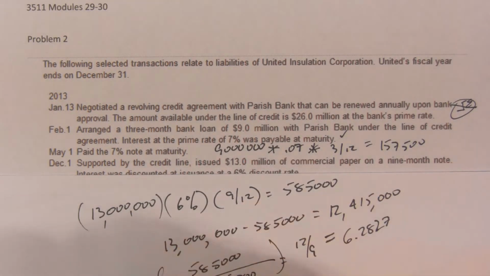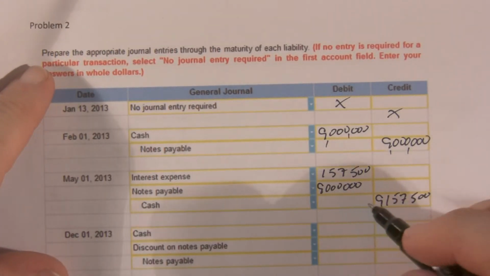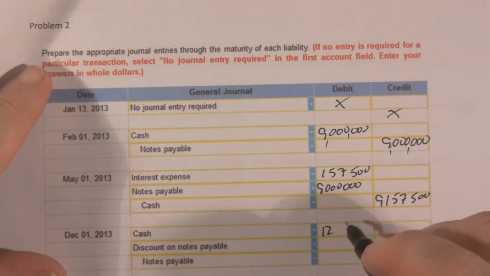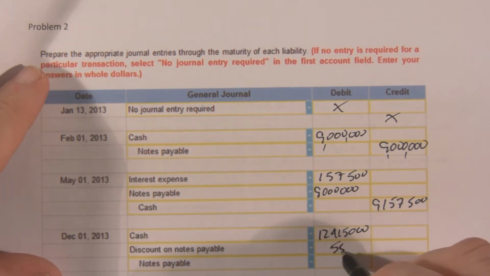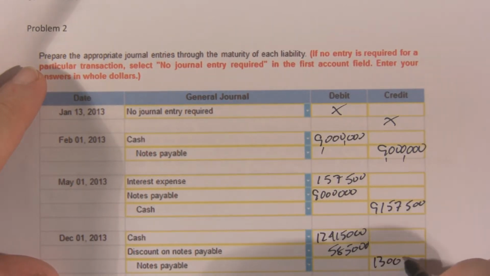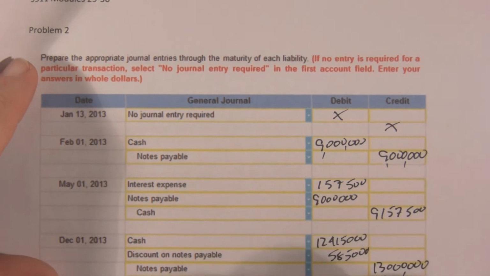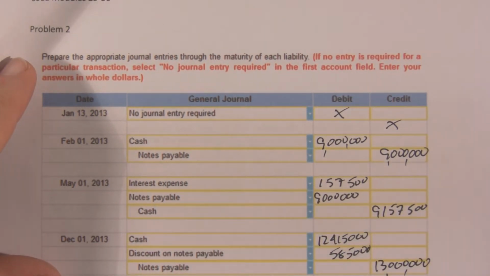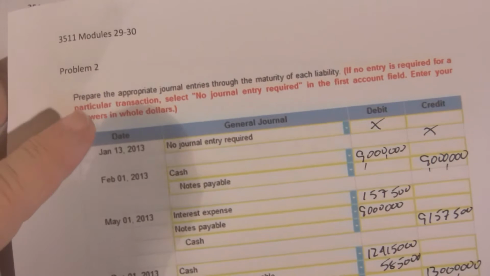So we need all three of these numbers. The cash that we got was $12,415,000. The discount was $585,000, and the total note is $13 million. And the interest expense, we have to figure that out for the year using the 6.2827%.